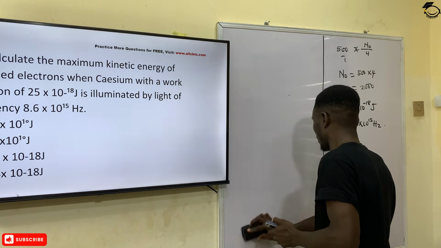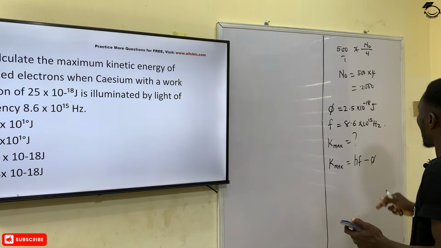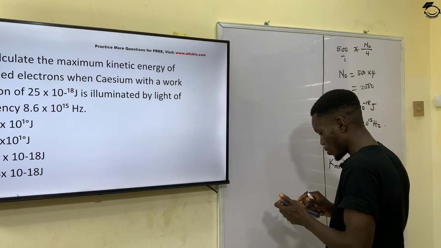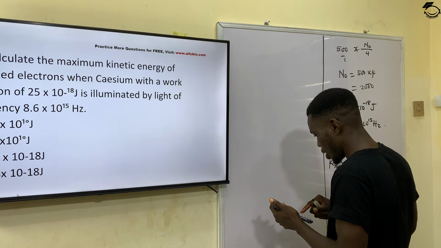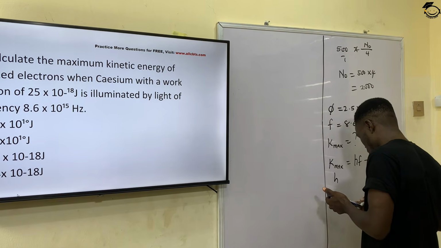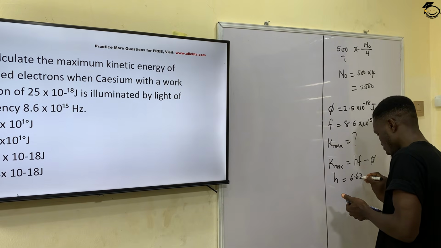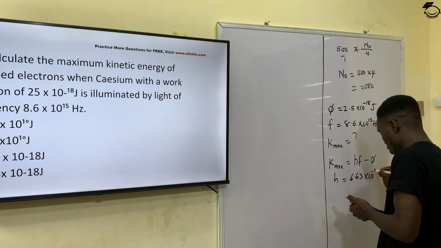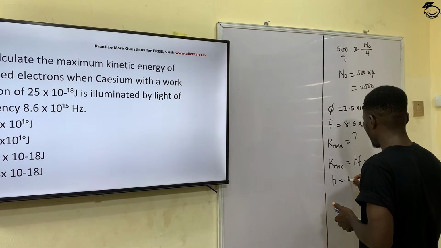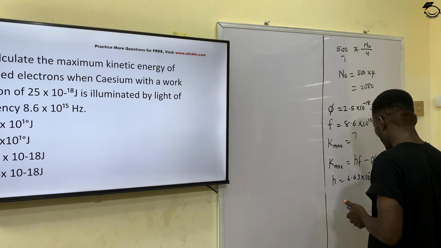With this, we know that h is a constant, which is 6.63 times 10 raised to power minus 34 joule seconds.